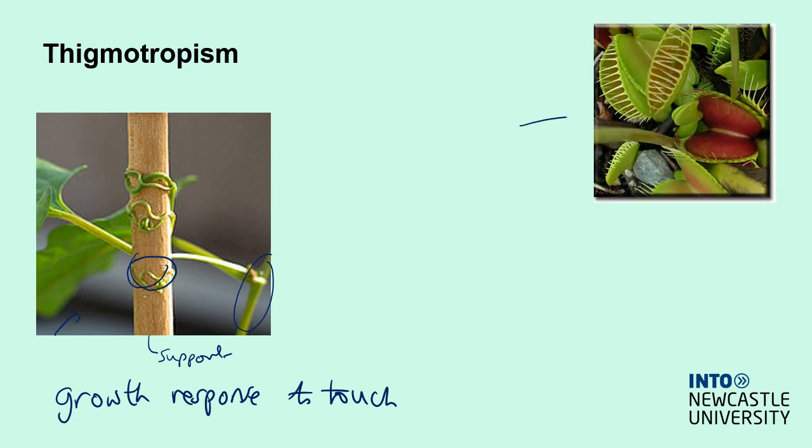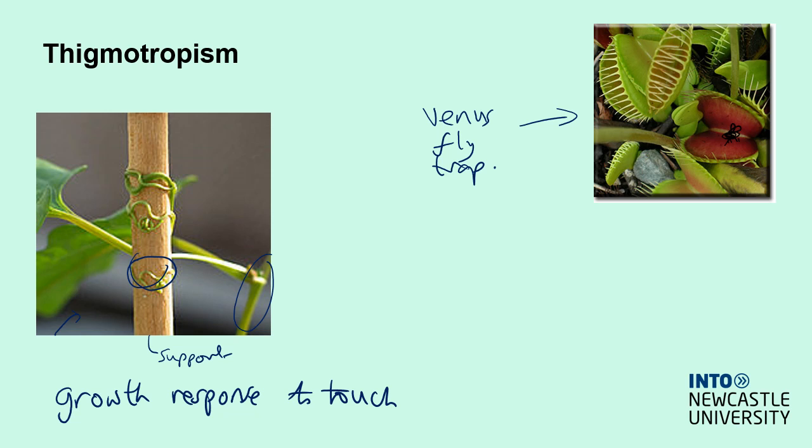You will see plants like this one here. This is a Venus flytrap, and you're probably aware that what happens with the Venus flytrap is a little fly lands inside. That's a fly, and then the Venus flytrap closes and will digest the fly and use it as a really good source of nitrates, actually, because where Venus flytraps grow, the soil is low in nitrates.